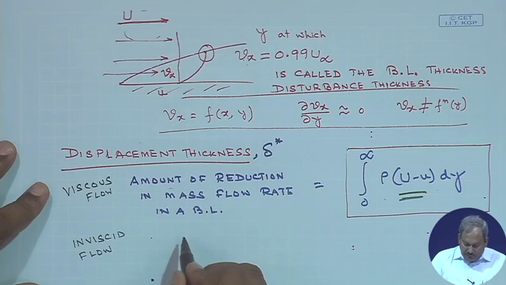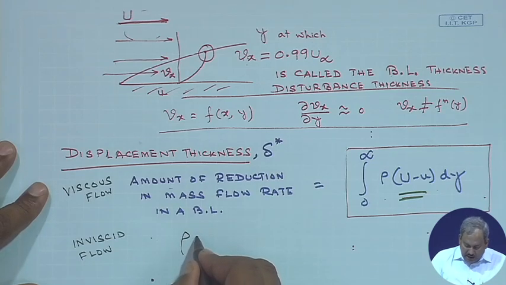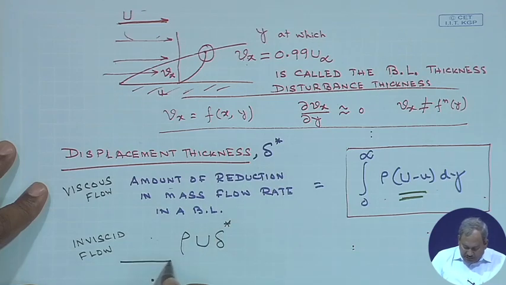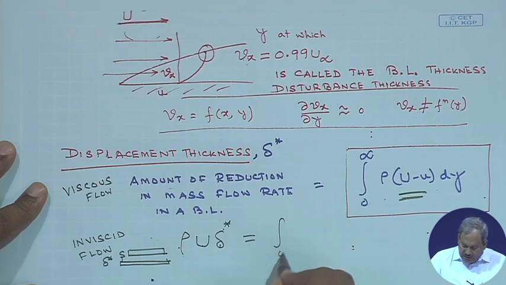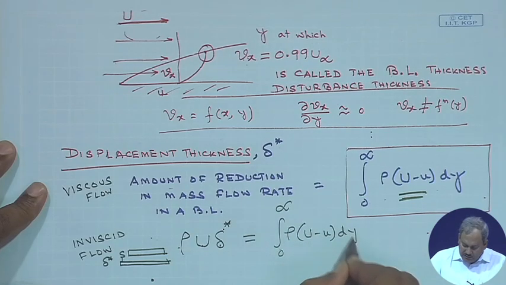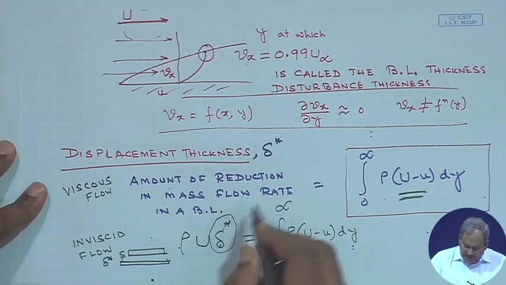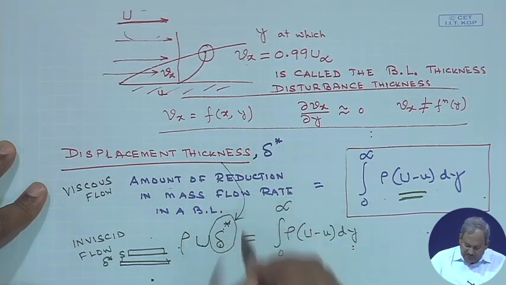Now in an inviscid flow, the reduction in mass flow rate, as we have discussed, is going to be rho times u times delta star when the platform is raised by a distance delta star. So this is the reduction in mass flow rate in an inviscid flow when you raise the platform by delta star. When these two are equal, this delta star is known as the displacement thickness.